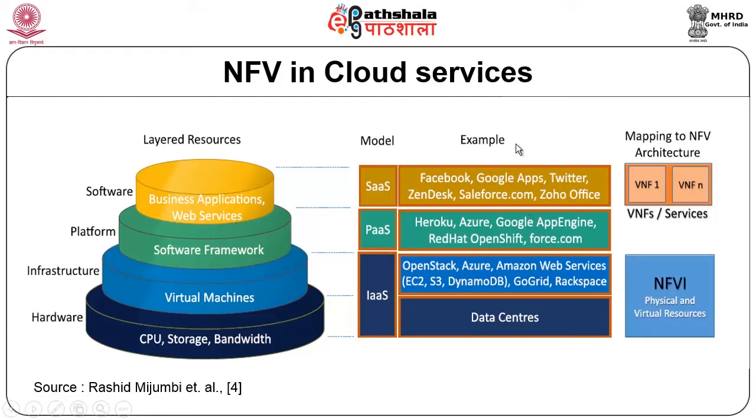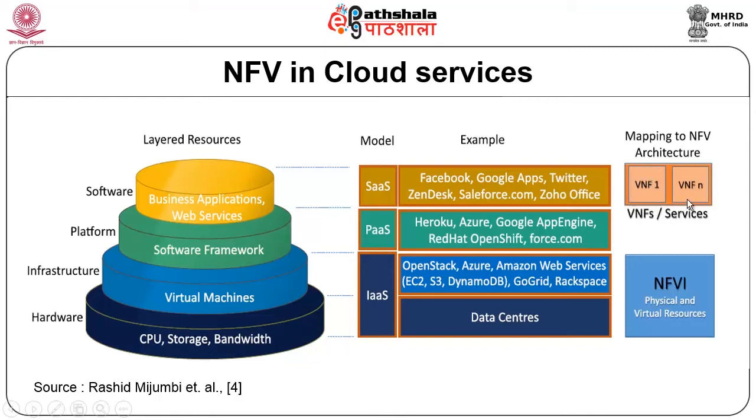If we want to connect this to our NFV, then this is how it is connected. This NFVI spans the virtual machine and the physical infrastructure, and this is the NFVI infrastructure, and the VNFs are here.